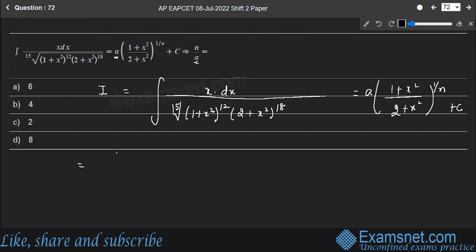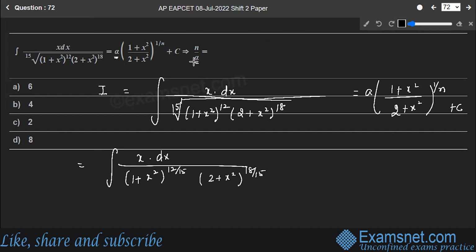So this can be written as x dx upon 1 plus x square raised to power 12 upon 15 into 2 plus x square raised to power 18 upon 15.